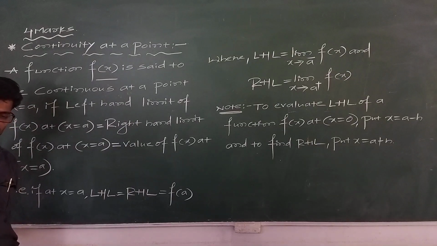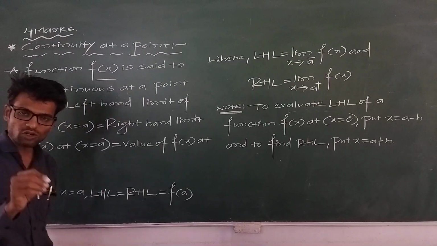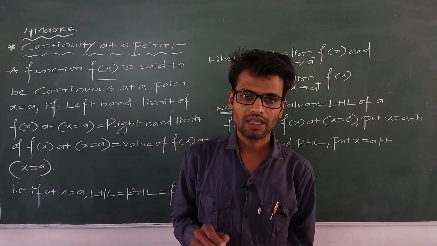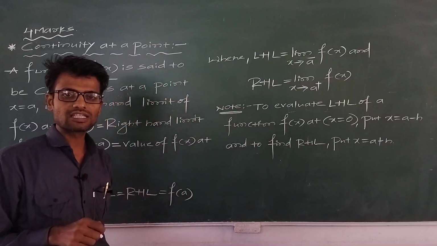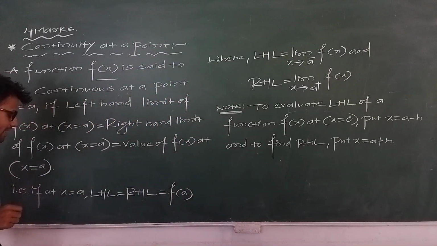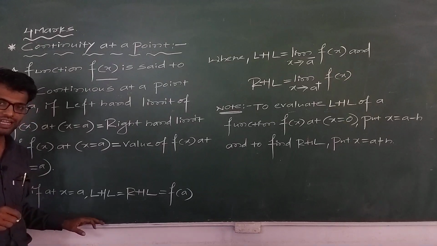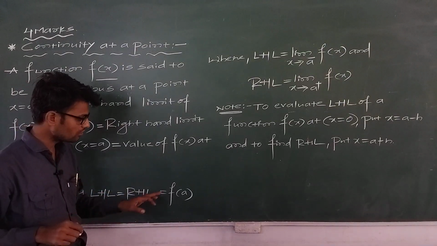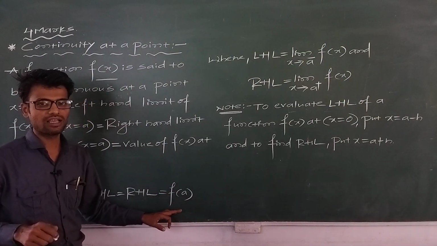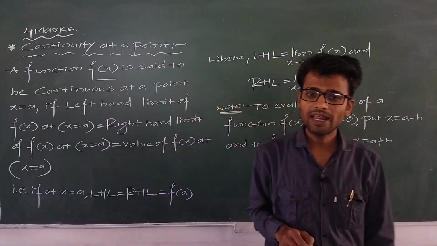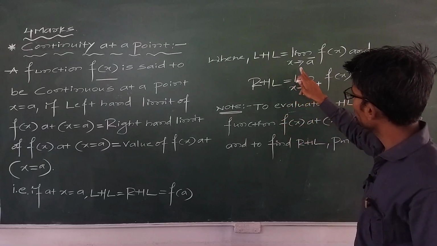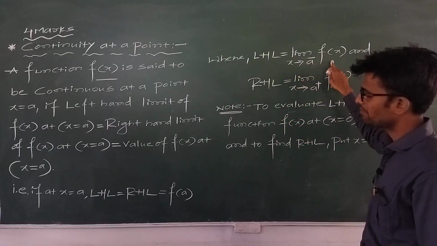Remember, f of x is said to be continuous at x equal to a if left hand limit is equal to right hand limit is equal to the value of the function at x equal to a. The left hand limit is given by limit of x tends to a minus f of x.